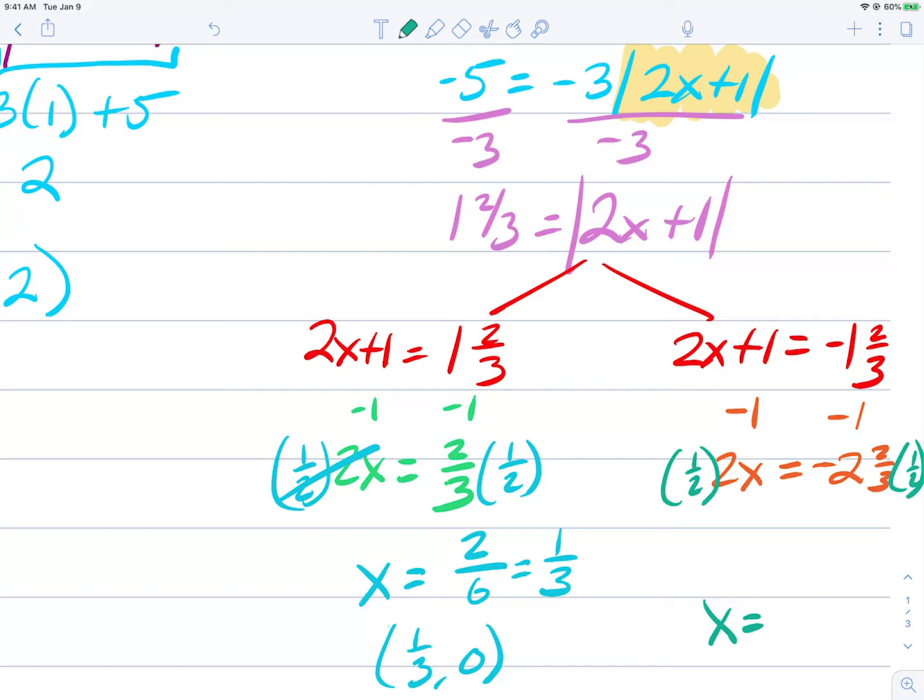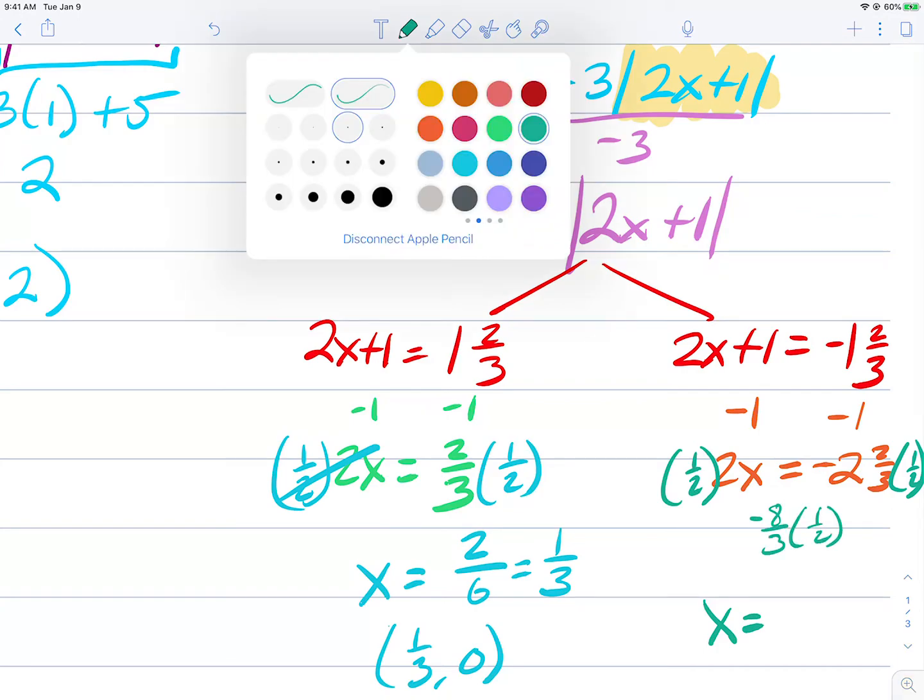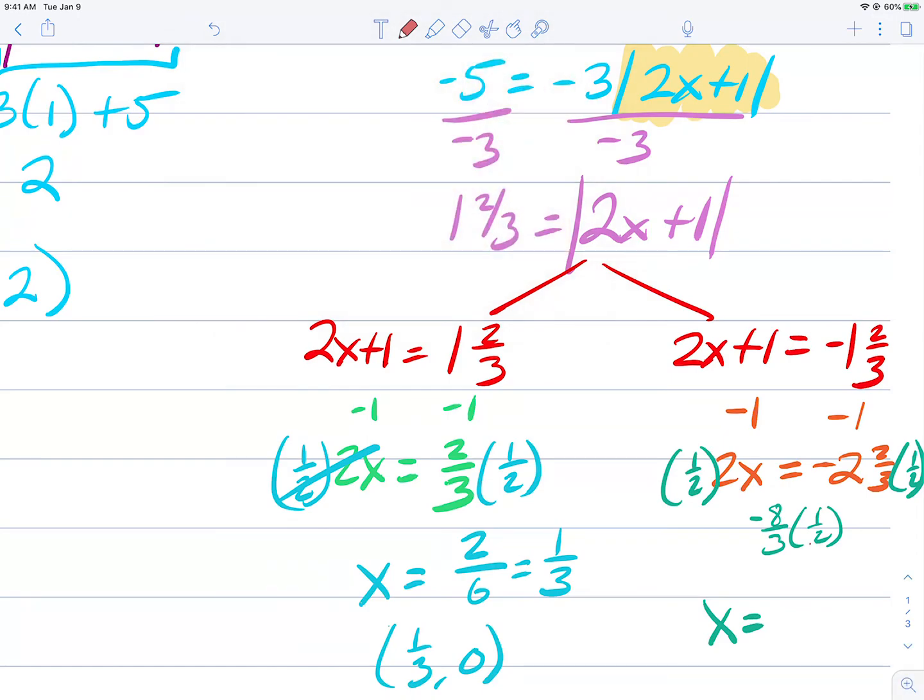So you can either plug it into your calculator, or I'm going to make -2 2/3 into an improper fraction. So 2 times 3 is 6 plus 2 is 8. So we have -8/3 times 1/2. And if I cross reduce, the 2 and the 8 become a 1 and a 4.